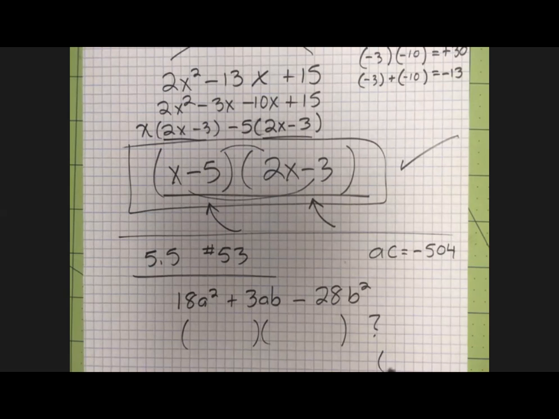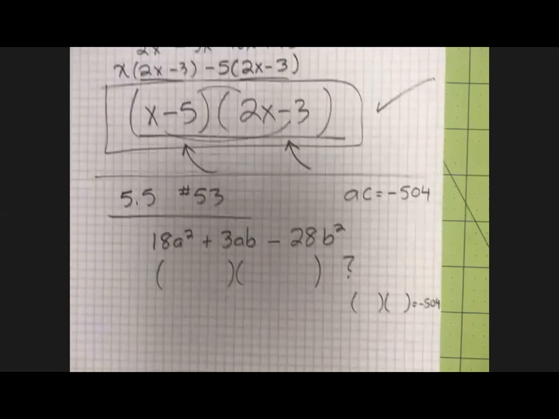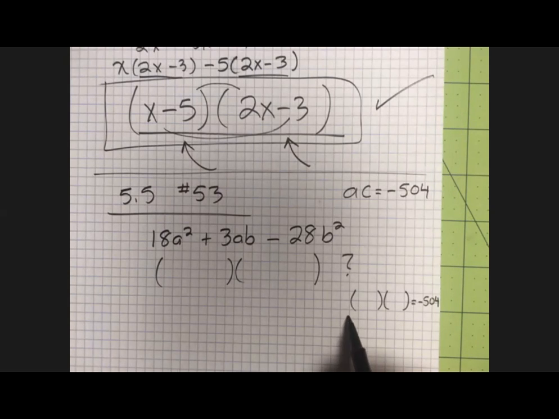Now watch this, because at first it looks impossible. I went too far to the right side. Sorry. Can you give me two numbers that multiply to negative 504 and add up to positive 3?